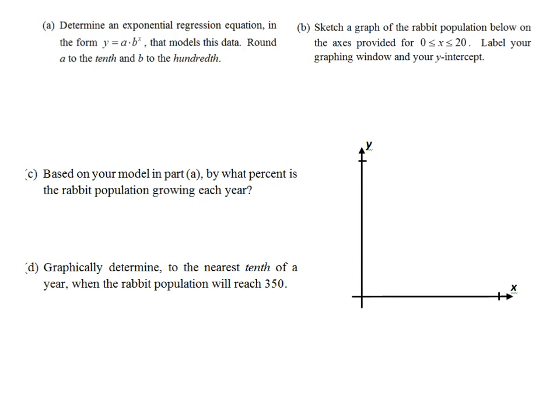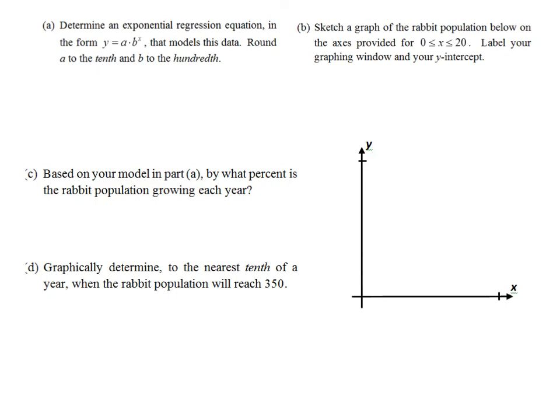I'm going to go ahead and then press the stat key on my calculator, go over to Calculate, choose option 0, Exponential Regression, and I want to find the exponential regression equation, so I'll go down to Calculate, and I'm going to take a look at the way that I want to round these values.